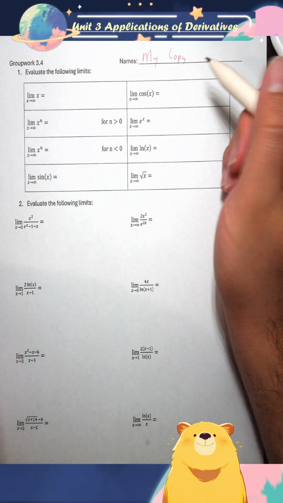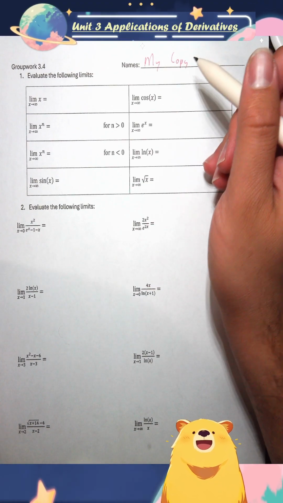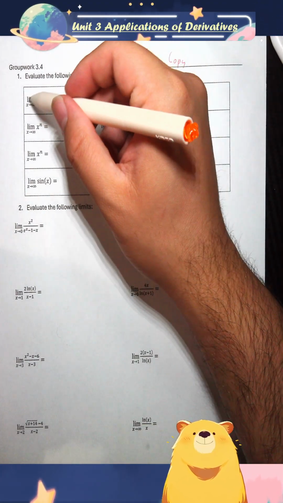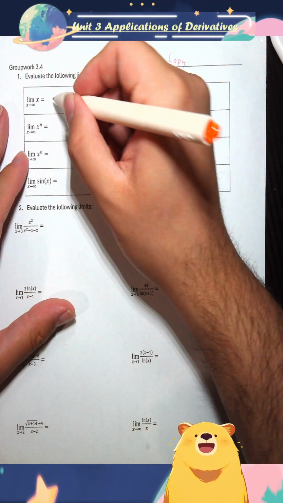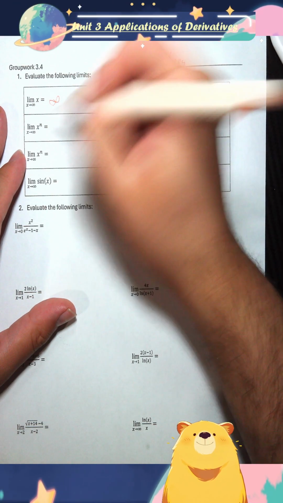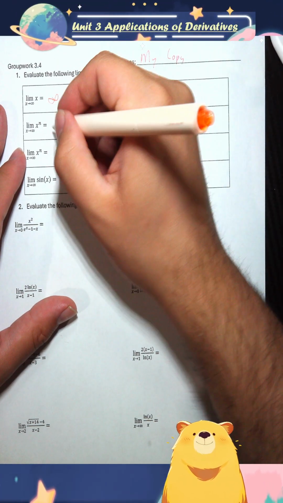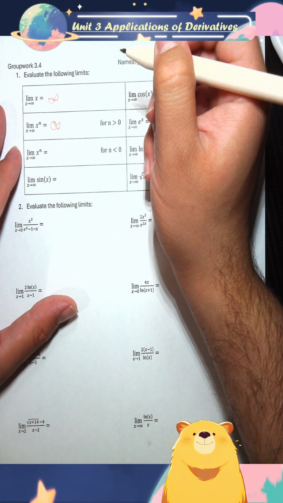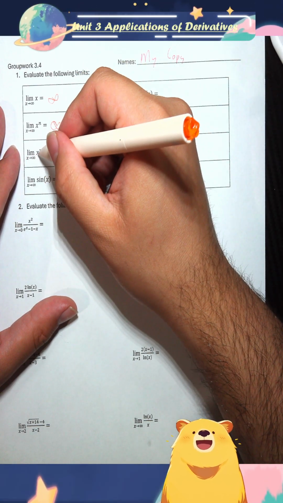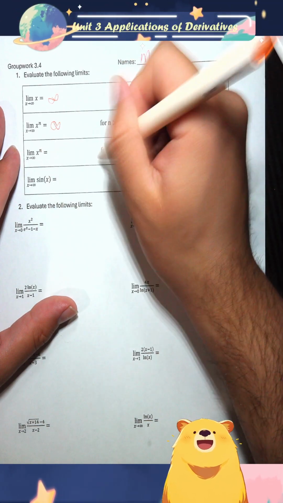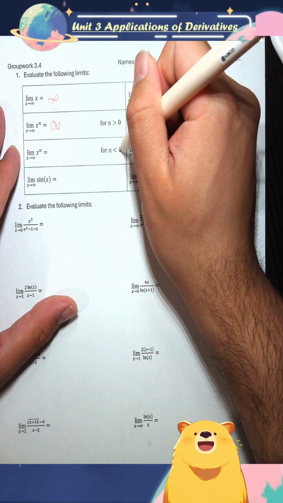Okay, so one is almost like a review question. It's just evaluating the limits. So let's go. Limit as x goes to infinity of x. Well, that's just going to be infinity. Limit as x goes to infinity of x to the power of n, where n is positive. That's also going to go to infinity. Here we have the limit as x goes to infinity of x to the power of n for n being negative.